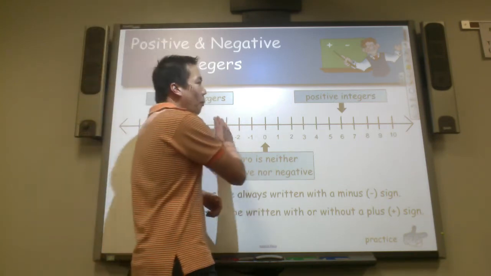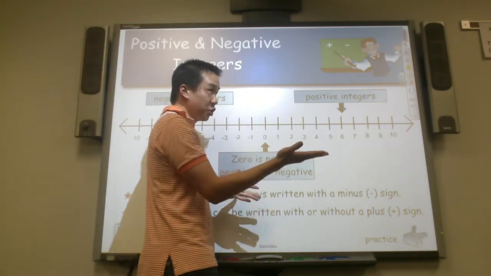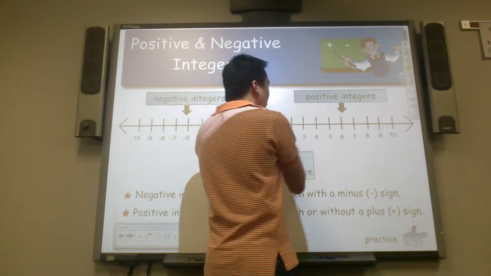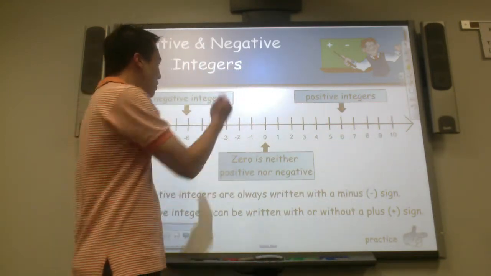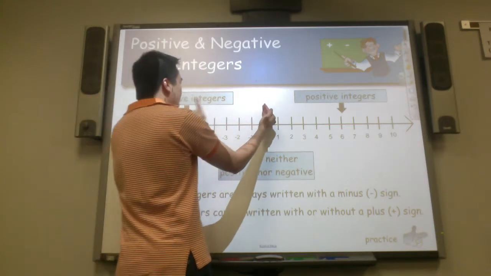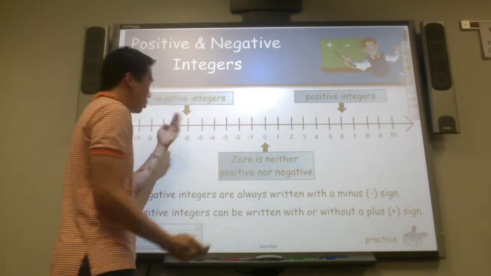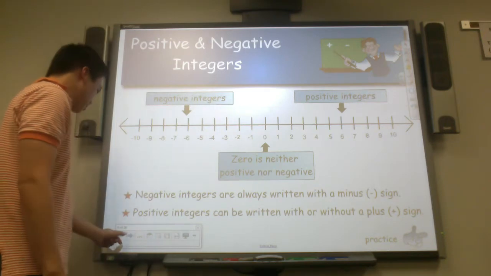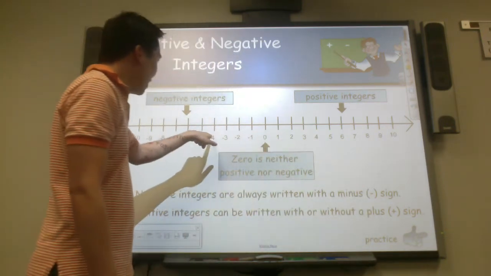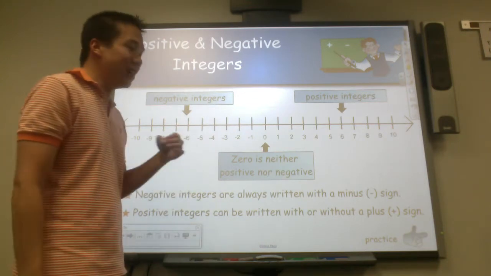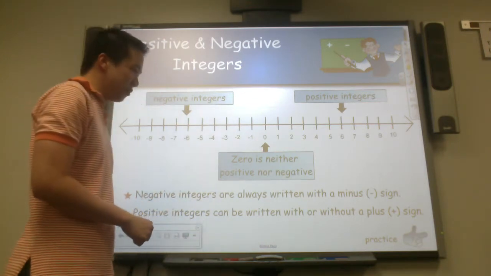Again, on a number line, all positive numbers, which include integers, are located to the right of 0, because 0 is neither positive nor negative. All negative numbers are located to the left of 0, which include negative integers. Negative numbers need to be written with a little negative sign in front of them.